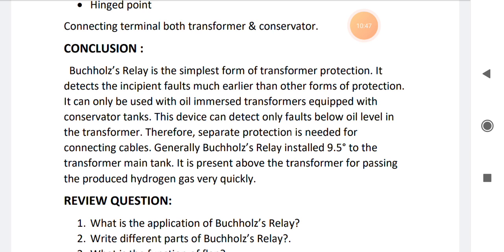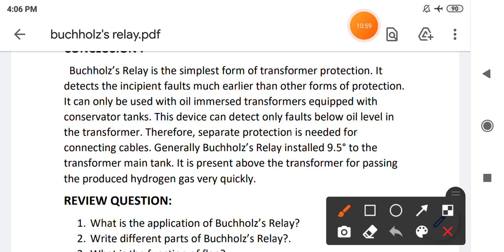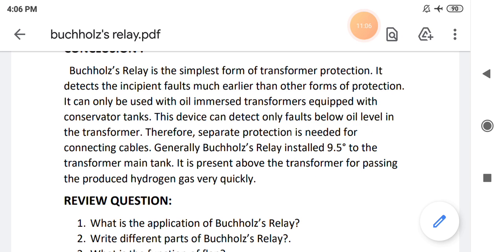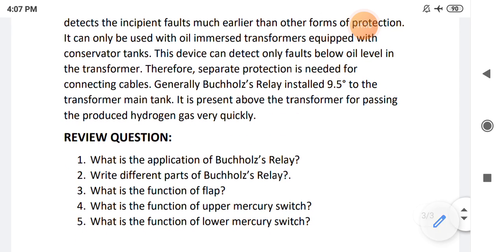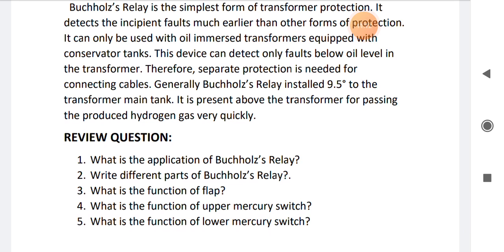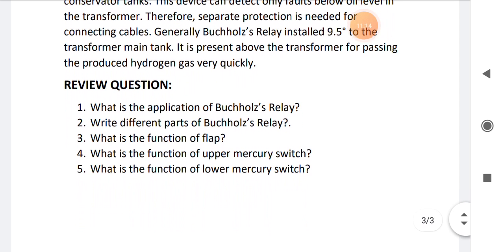Therefore, separate protection is needed for connecting cables. Generally, Buchholz relays are installed at 9.5 degrees to the transformer main tank. It is a very important thing which you should remember. The angle is 9.5 degrees to the transformer main tank. It is present above the transformer for passing the produced hydrogen gas very quickly.